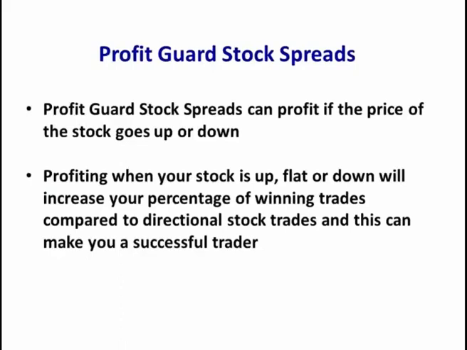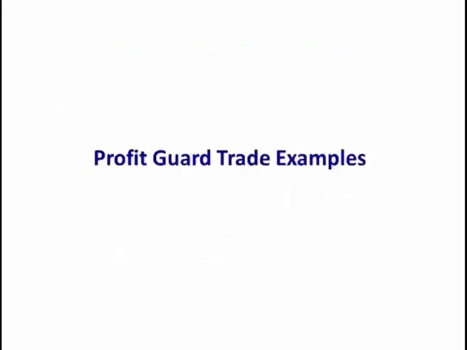These profit guard stock spreads, just like the option spreads, can profit if the price of the stock goes up or down. Profiting when your stock is up, flat, or down will increase your percentage of winning trades compared to directional stock trades, and this higher percentage of winning trades can make you a successful trader.